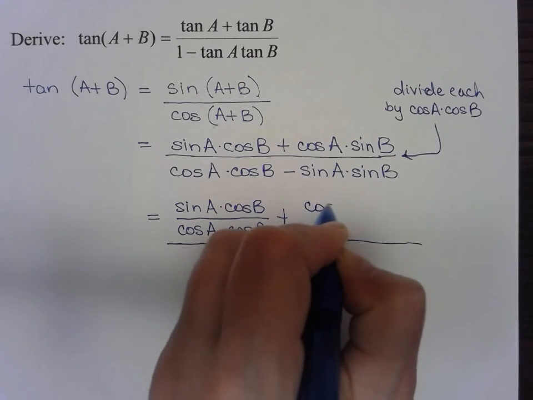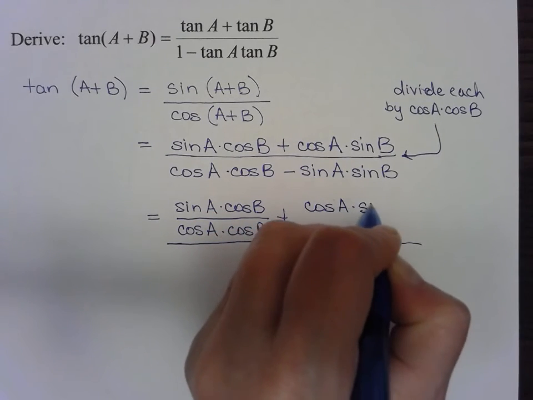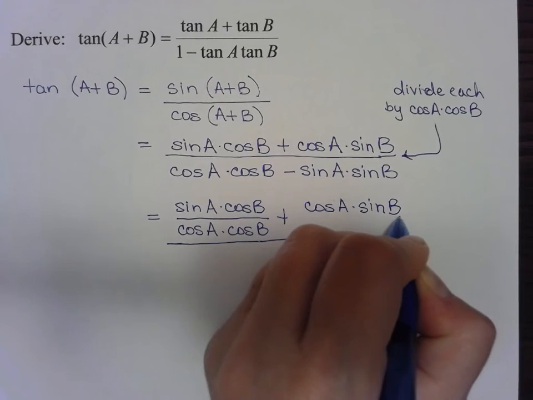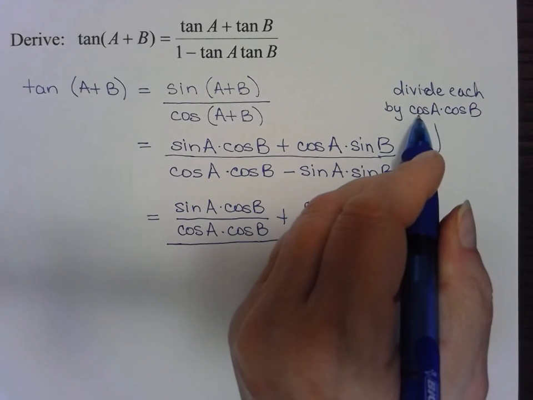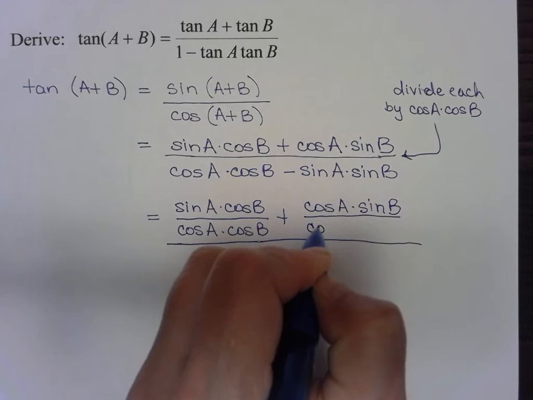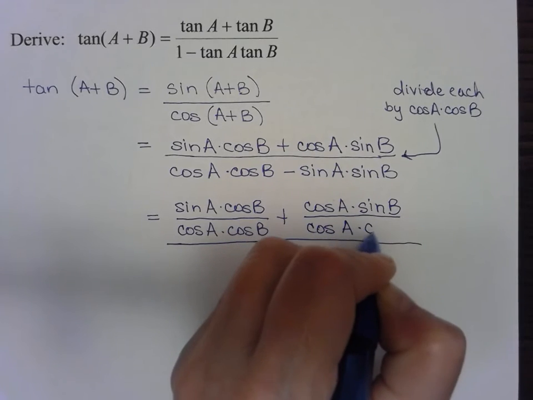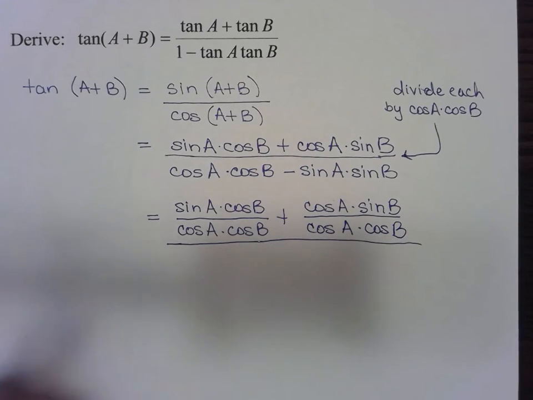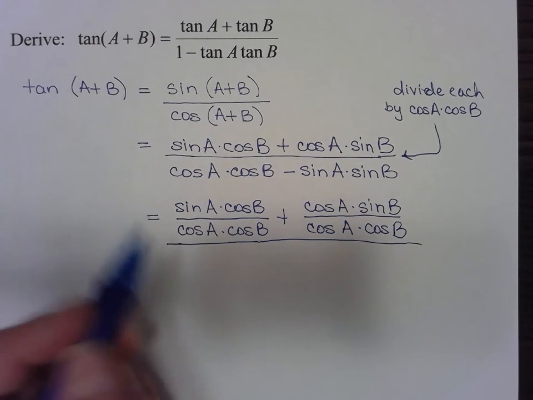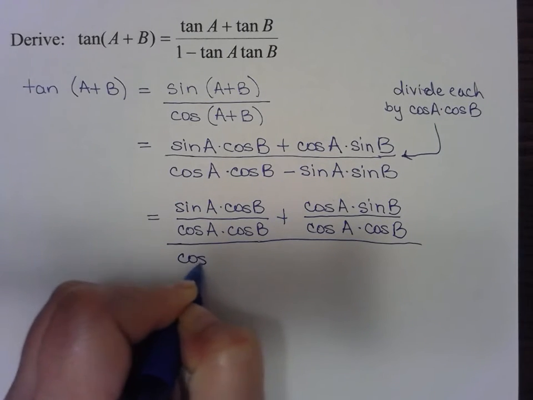We have cosine of A, sine of B. We're going to divide it by this, cosine of A times cosine of B. You see where we're going with this? Okay, let's do the same thing for the denominator.